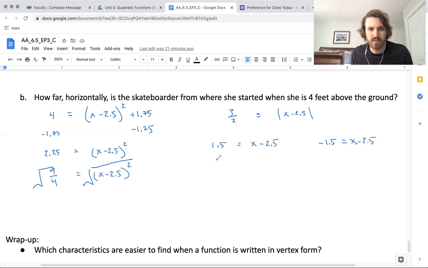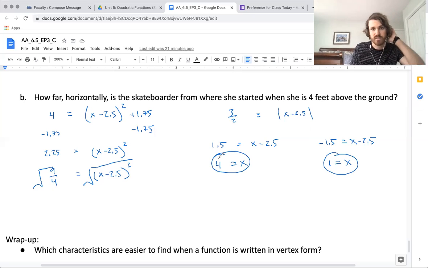And so adding 2.5, we should get 4 equals x or 1 equals x. So she is either 1 foot or 4 feet away from where she started when she's 4 feet off the ground.